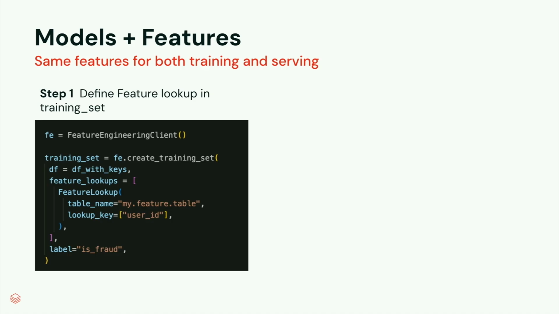You have a feature engineering client, that's the API Databricks provides. Then I can create a training set with some feature lookups. The feature lookup is a reference to feature tables stored in Unity Catalog. I also need to specify some details, like the primary key for lookup, and in this training set, which columns are the labels.